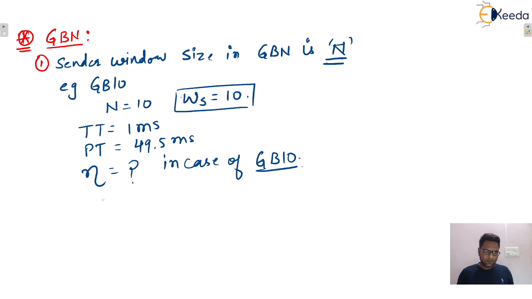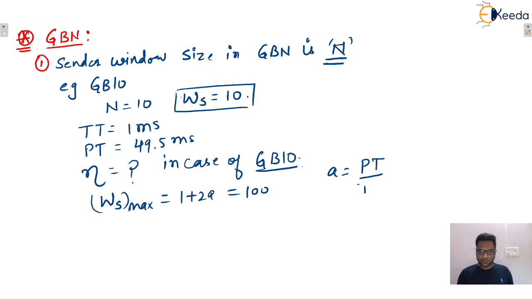We saw that the maximum sender window size possible is 1 plus 2a, that is 100, where a is the propagation time divided by the transmission time. But in the question the N value is given as 10, that means the sender window size is 10 only. So what will be the efficiency?